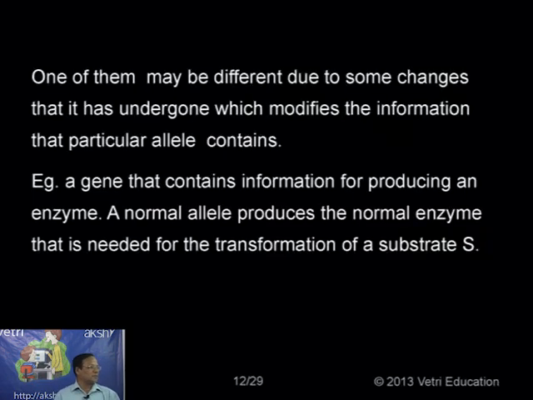So a gene that contains information for producing an enzyme: a normal allele produces a normal enzyme that is needed for the transformation of a substrate S, which I represented.